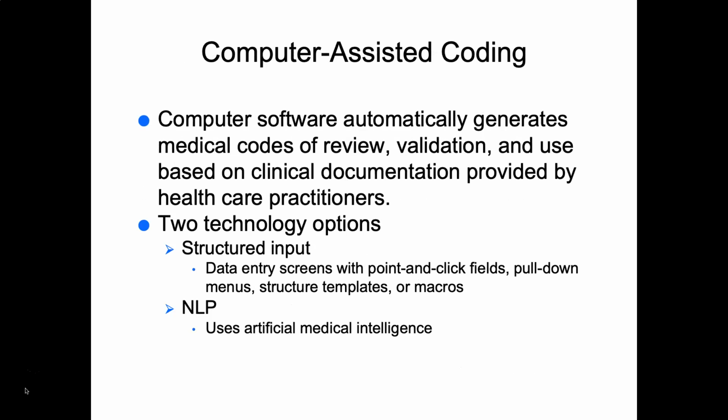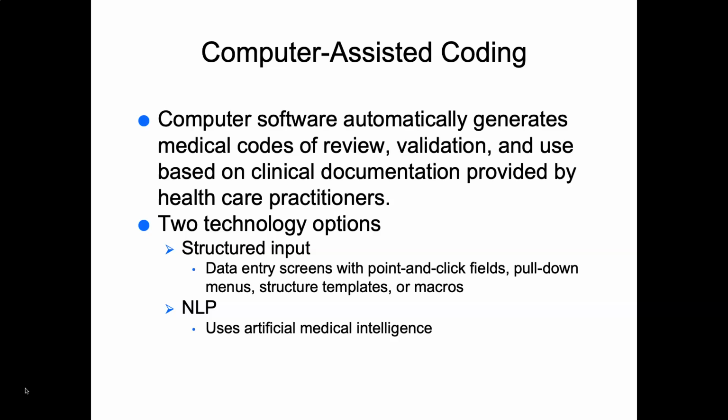And then computer-assisted coding. There are now what are called CAC systems, computer-assisted coding, where the software uses artificial intelligence. It goes through and looks at reports that are already in the system and pulls out phrases or items that it thinks are diagnoses or procedures and puts codes to those.